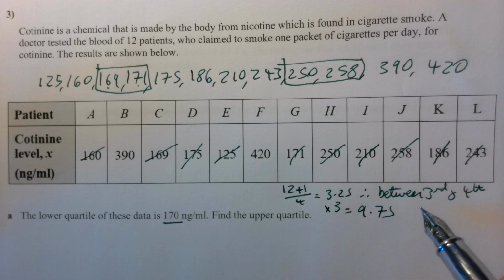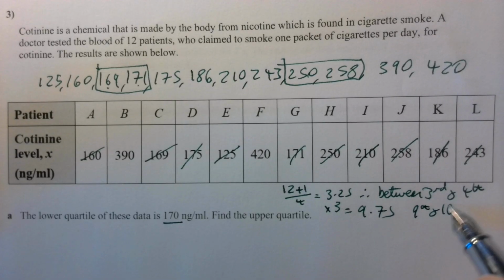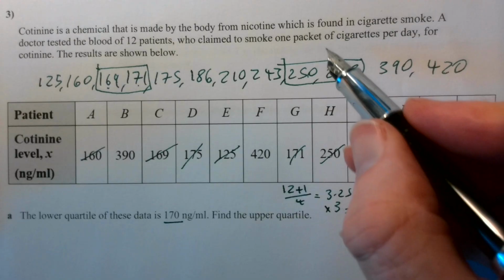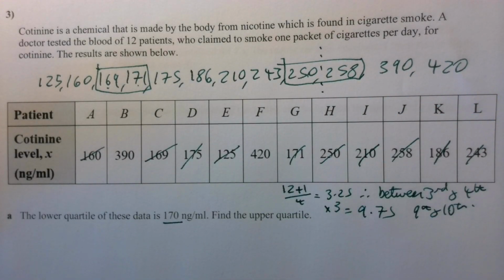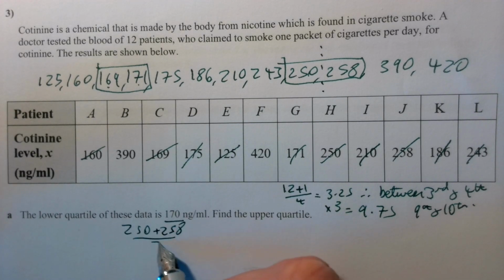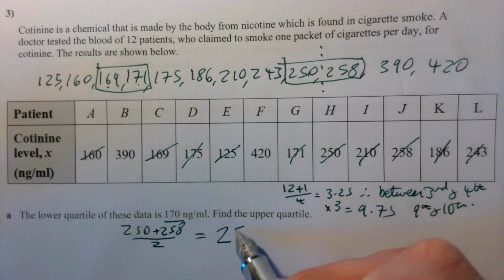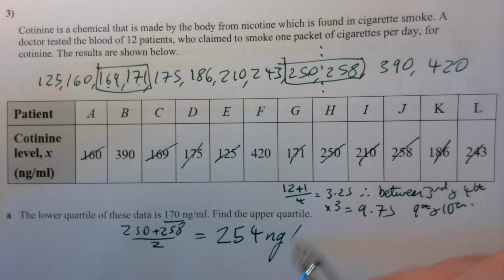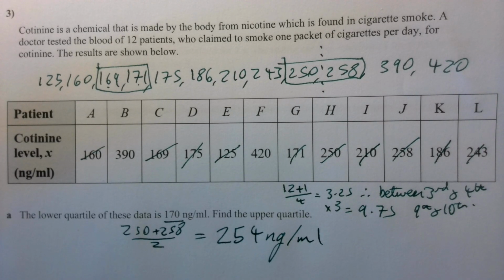So that would mean between the 9th and 10th, and that's 3, 4, 5, 6, 7, 8, 9 and 10. So we're looking at halfway between those two. So 250 plus 258 divided by 2 is obviously going to be 254. Make sure you put the units in there, because that would be an annoying way to lose one of your 2 marks.